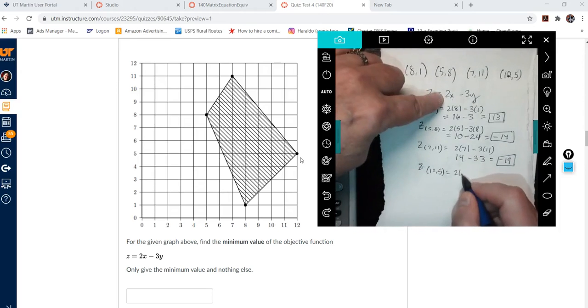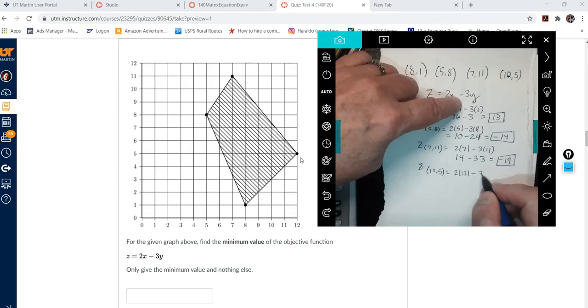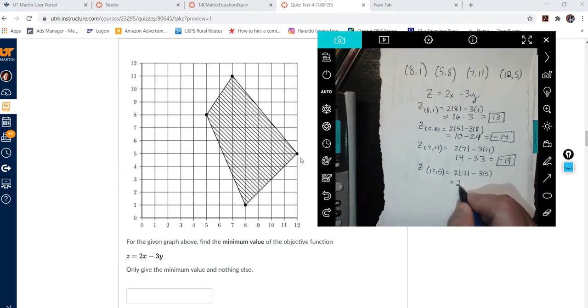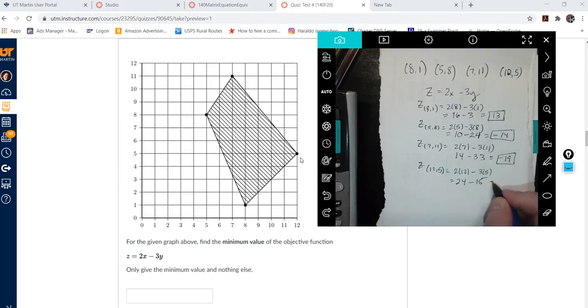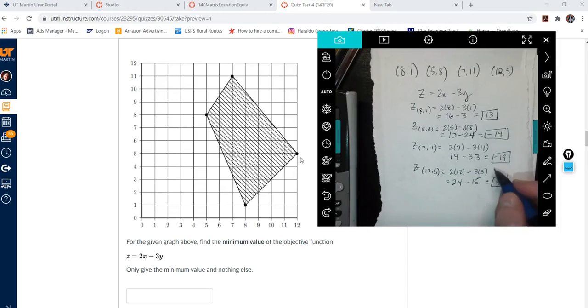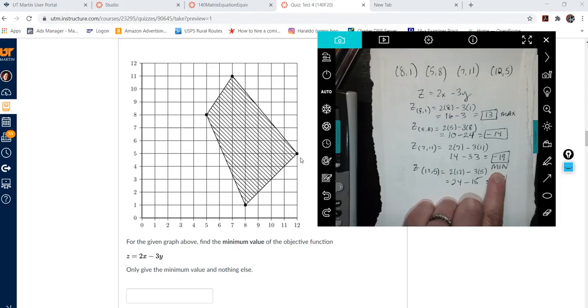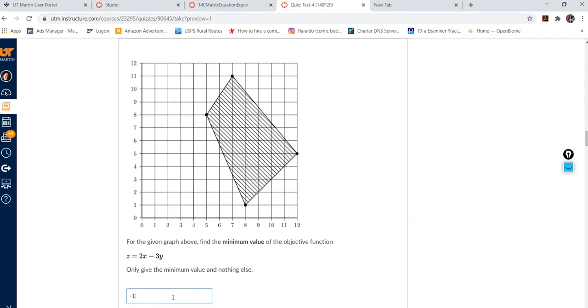So I'll have 2 times 12 minus 3 times 5, which is 24 minus 15. And so that should be 9. Now here they want to know the minimum. So that's going to be my minimum. My maximum would have been 13, but my minimum here is negative 19. So it says only give the minimum value and nothing else.